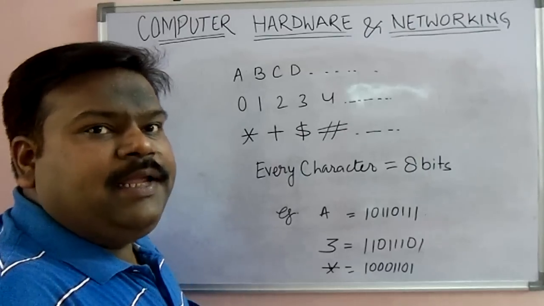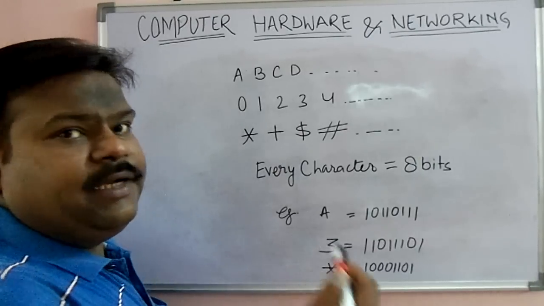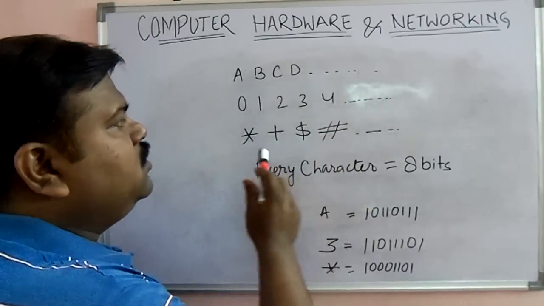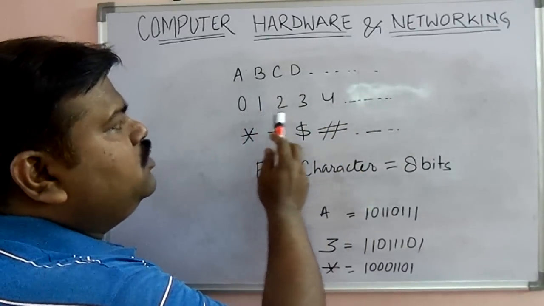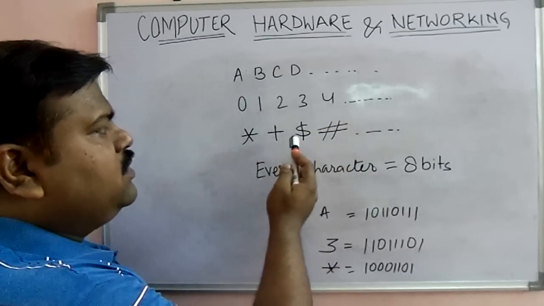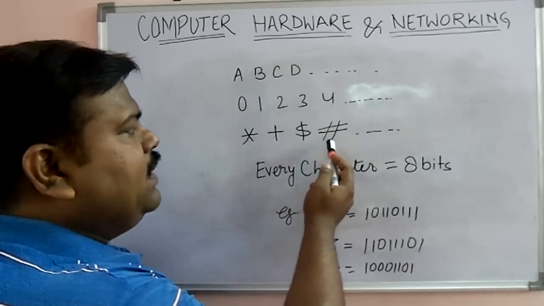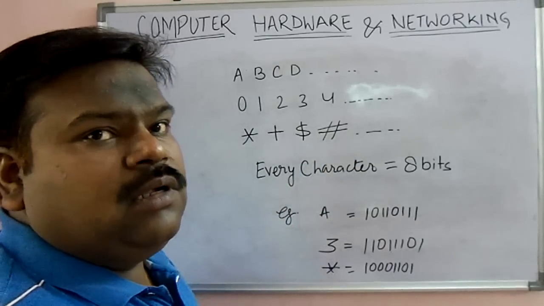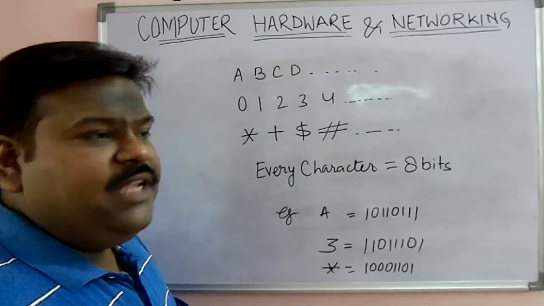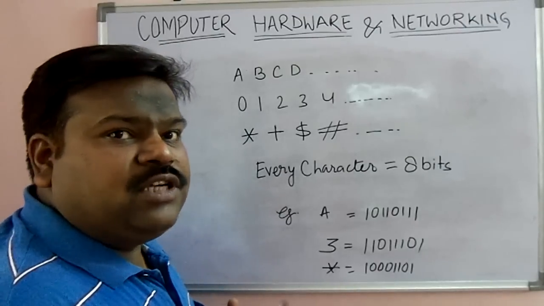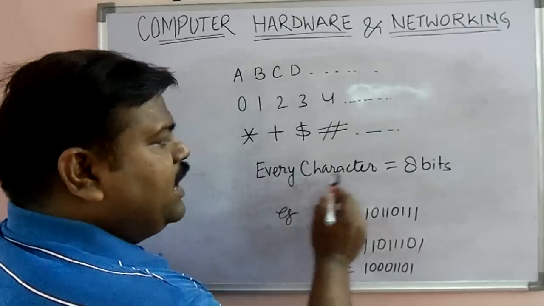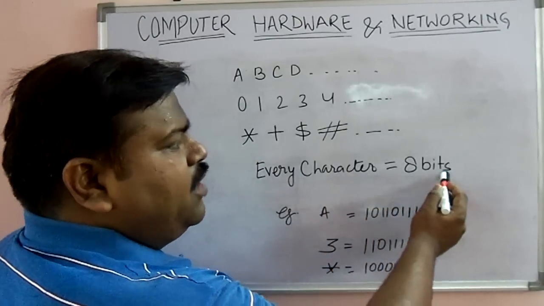When we type any character, might be alphabets A, B, C, D or so on, it may be 0, 1, 2, 3, 4 or any symbol, asterisk, plus sign, dollar sign, hash sign, when we type any character on the keyboard, that means we are giving instructions to the computer in the form of bits. Every character is equal to 8 bits.